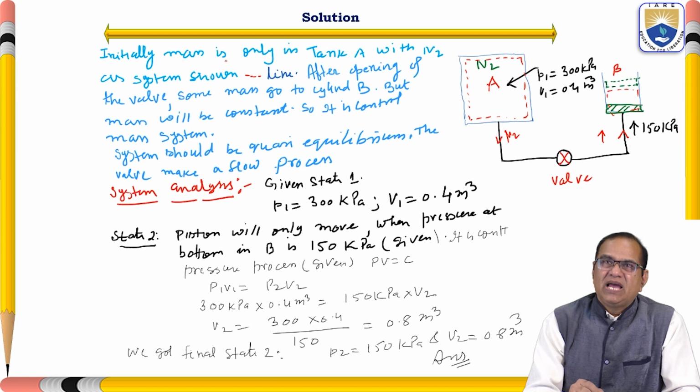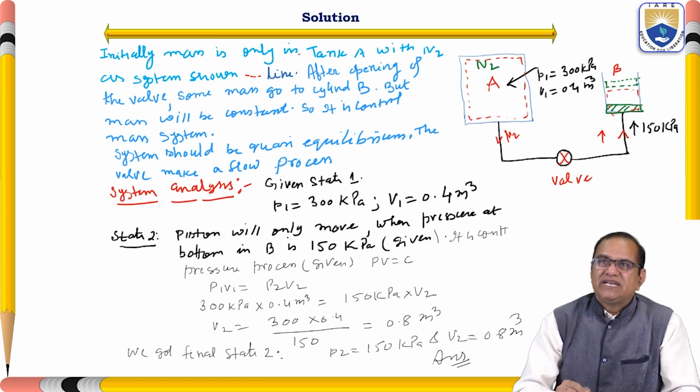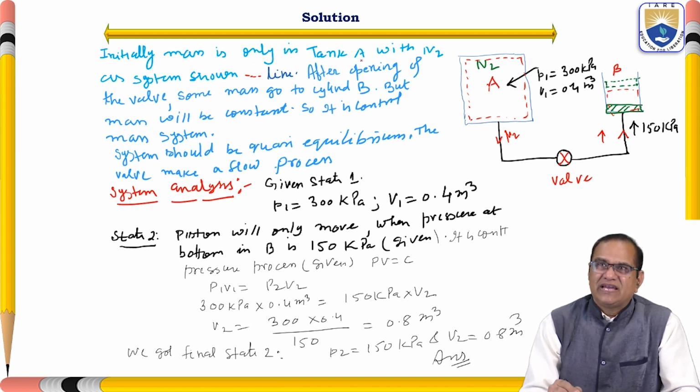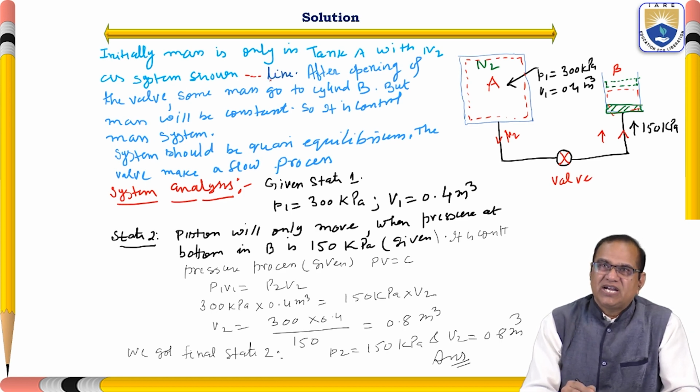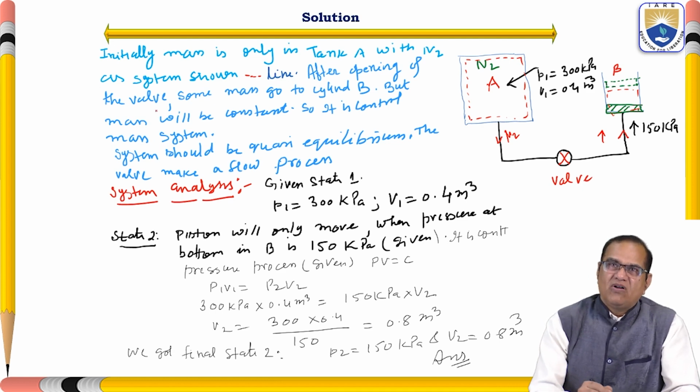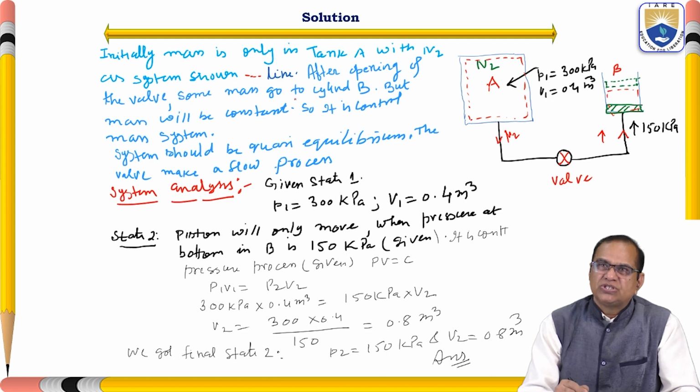So initially mass is only in the tank A, that is A with the nitrogen. As the system is shown by the dotted line here, after opening of the valve, some mass goes to the cylinder B, but the mass will be constant.